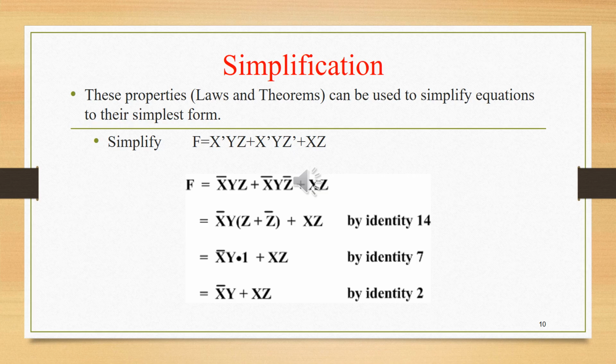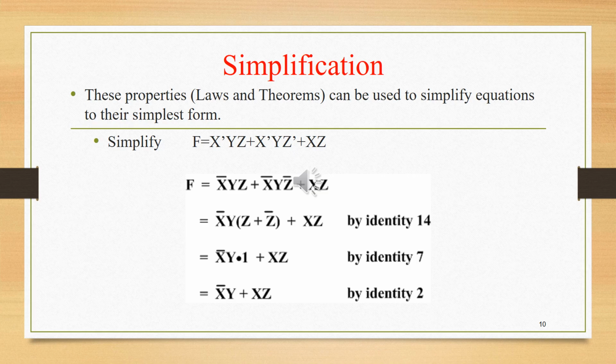So first, we have to check for the similar variables among these 3 different logic terms. So here, considering this f, x bar y is common in the first two logic terms. So we take out this x bar y, and the remaining terms are y plus y bar, and plus x bar, and this is identity 14, and this x plus x bar, we know the value is 1. So this step becomes x bar y into 1 plus xz, and x into 1 is equal to x.